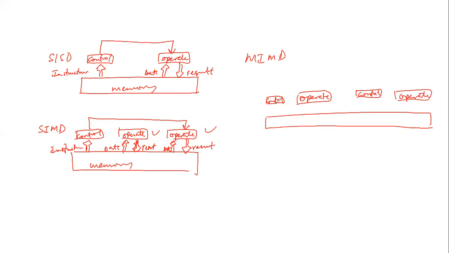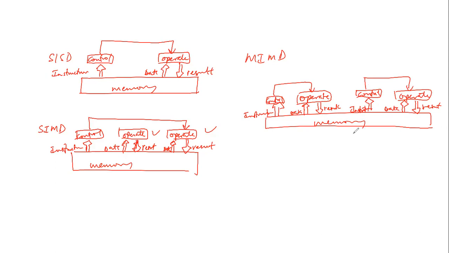So we have the instruction here, then the data, and then the result, and the instruction here, the data, and the result. This is instruction, data, result. This is instruction, this is data, and this is result. And then we have this linking up with this, and this linking up with this, and then we have the memory.